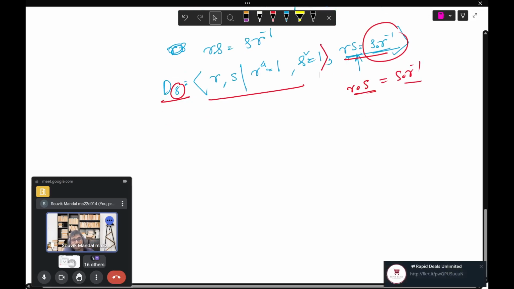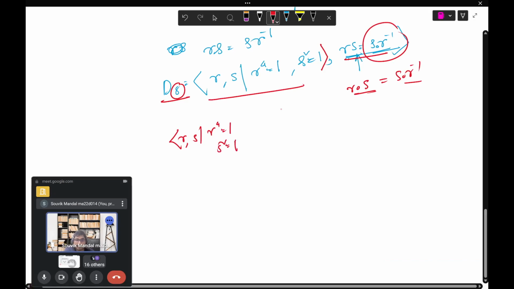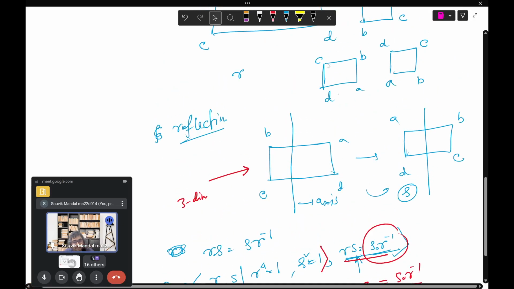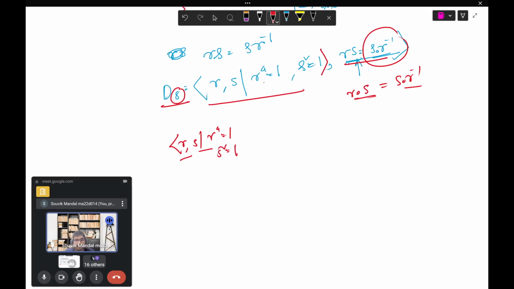But when it comes to algebra, we are directly writing R to the power 4 equal to 1, S squared equal to 1. This R and S have nothing to do with the reflection and rotation. From the algebra perspective, we need to give the relation RS equals SR inverse, because here R and S are abstract elements. We don't know whether they correspond to the square or to something else. These are abstract things. That's why we are giving this relation here.